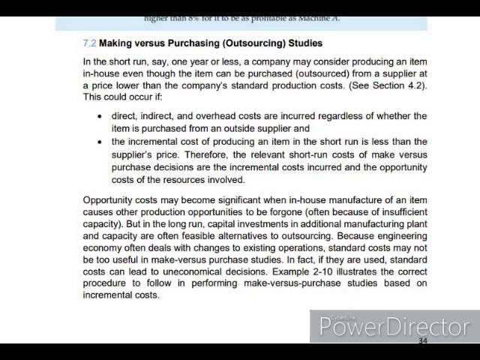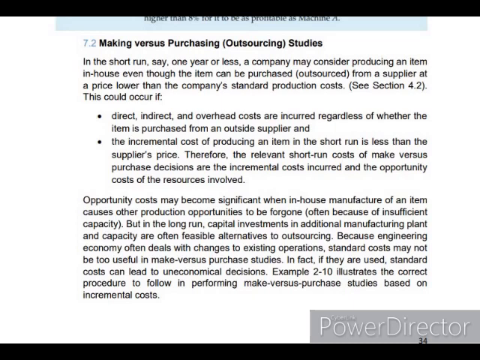This could occur if indirect and overhead costs are incurred regardless of whether the item is purchased from an outside supplier. So it will be the same. That's why a company may decide to just make the item that is needed in their own setup or in their own company.